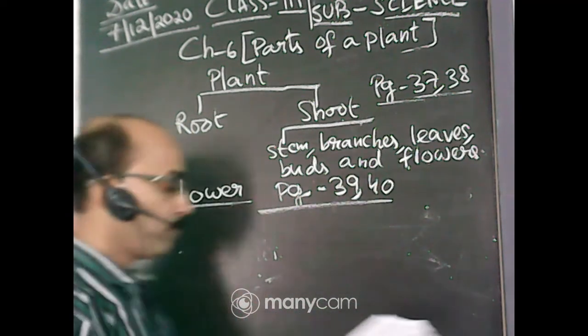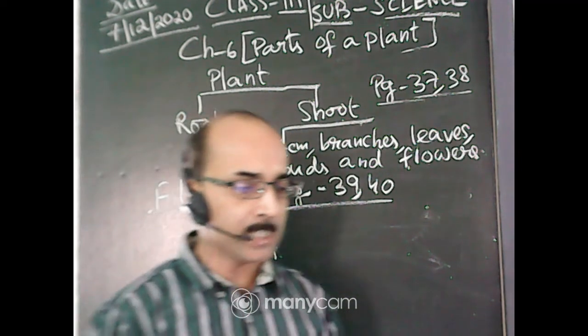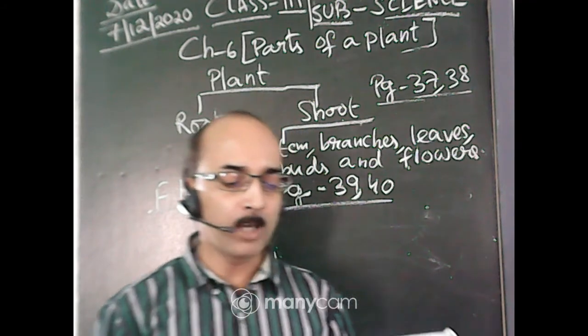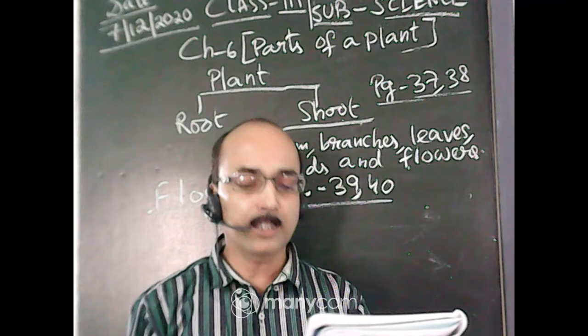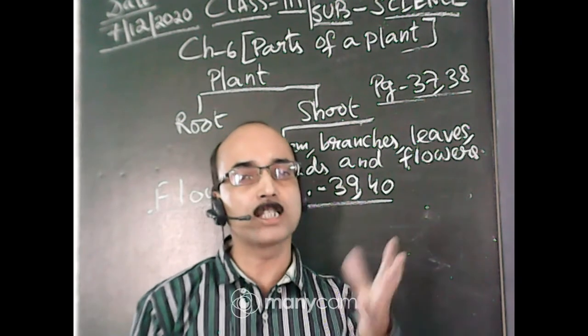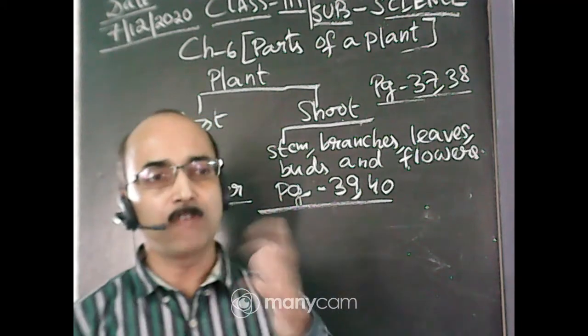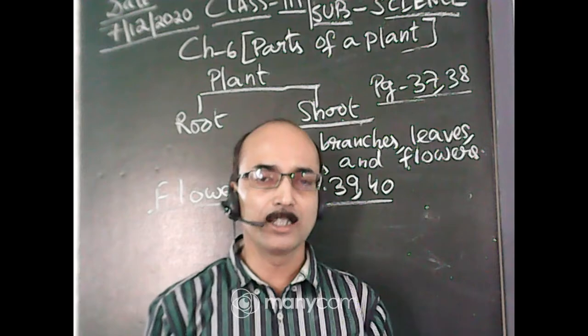Okay, so flower, most plants bear flowers. Flowers are of different shape, size and colors. Most flowers have a sweet fragrance. You already know this is a very attractive part of the plant. They always attract us.